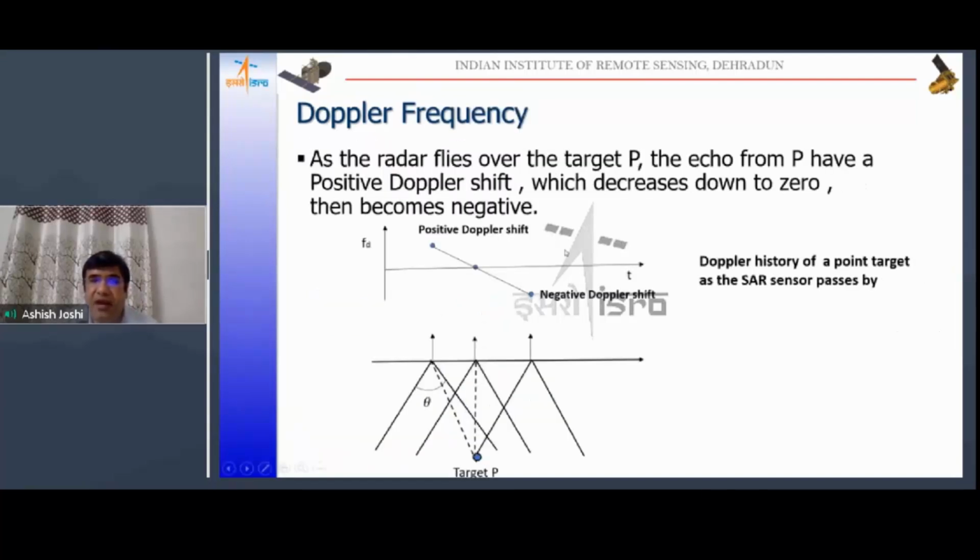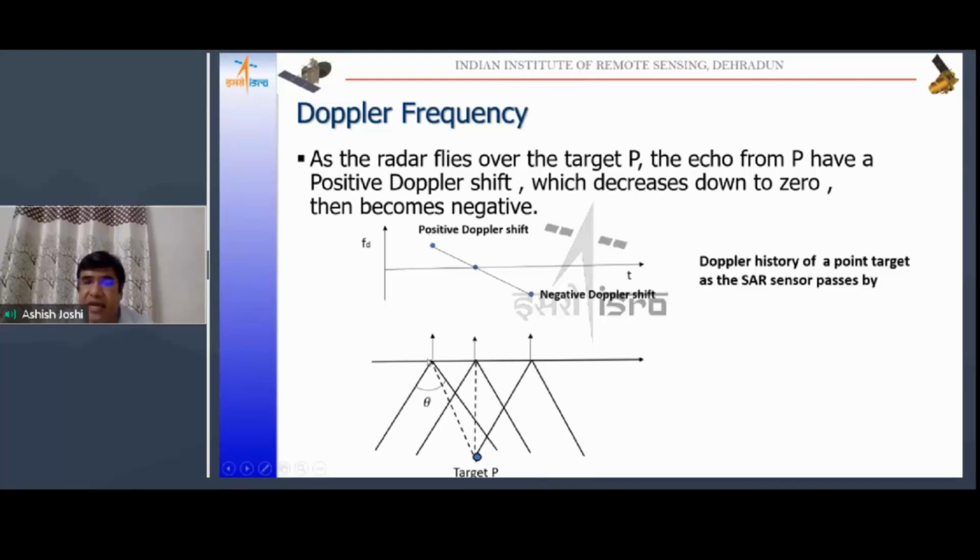So we have both positive and negative Doppler shift. As the radar flies over the target P, first there will be a positive Doppler shift, then it will become zero, and then a negative Doppler shift. This is the Doppler characteristic of any target.